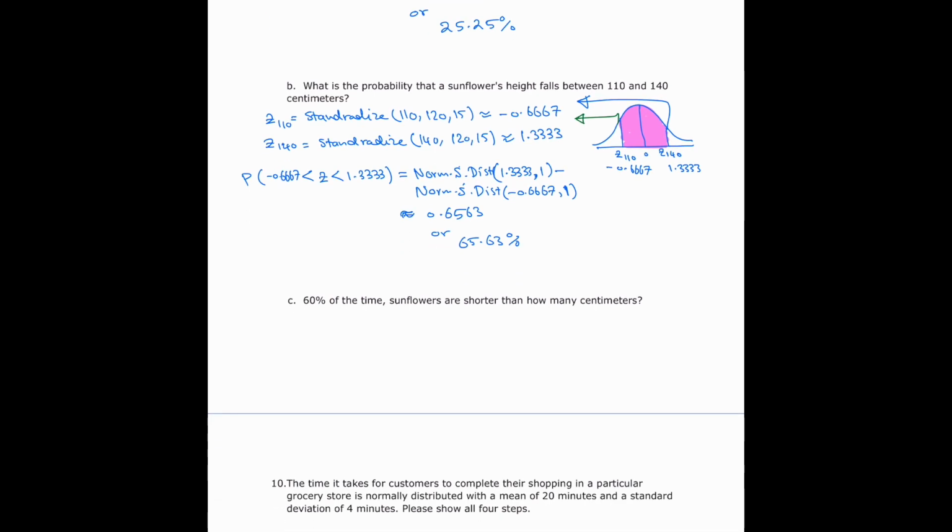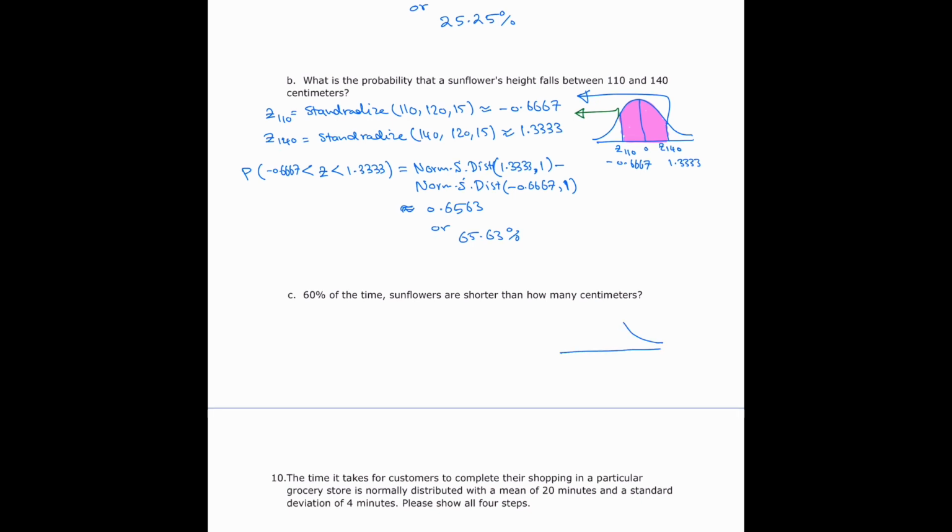60% of the time, sunflowers are shorter than how many centimeters? So basically we have that 60% is above the one half. So this is the area, 60%, and there is some z here sitting related to a specific length.